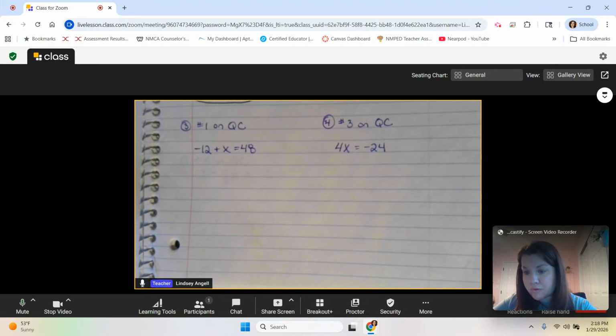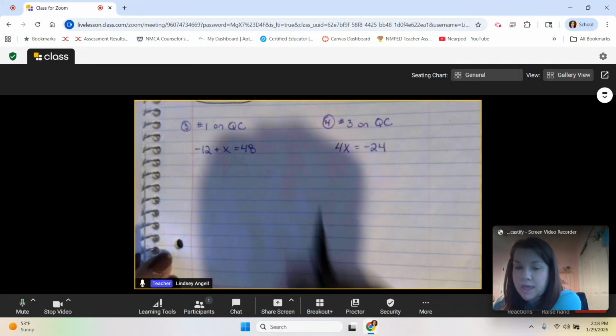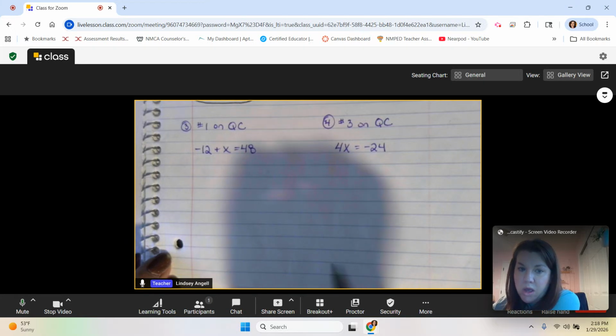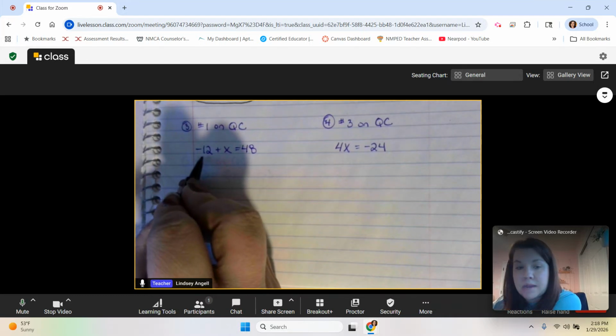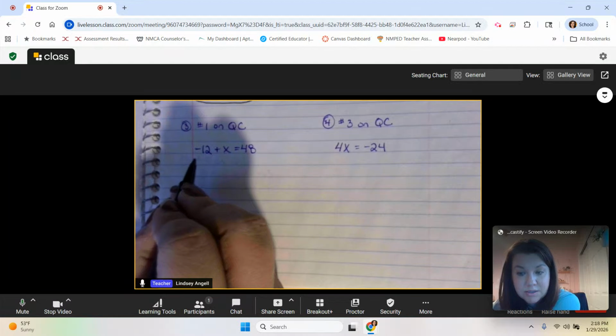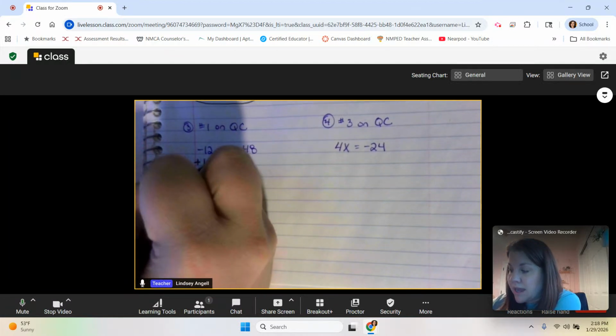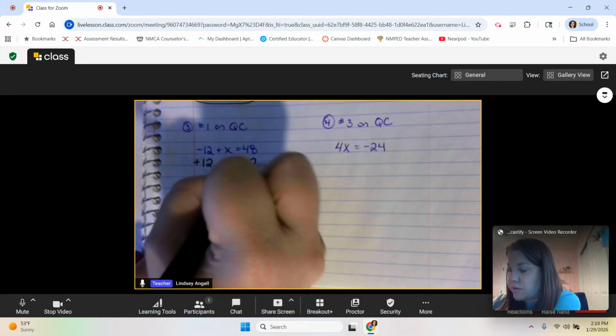I chose 2 from your quick check, which is really rare, but I just wanted to make sure we saw different types of things together. For this one, this is number 1 from your quick check. We've got negative 12 plus x equals 48. Again, we could flip-flop them if we want, or just leave it how it is. We've got a negative 12, so in order to cancel that out, we need a positive 12.